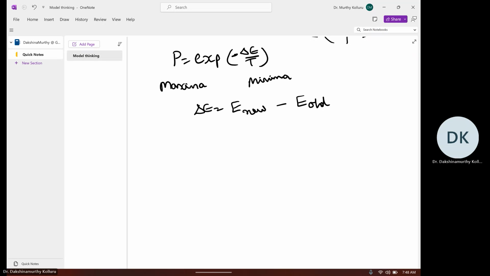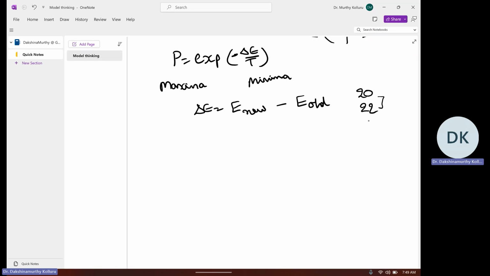When I want maxima, the E here is the objective. Let's say the original solution's objective value was 20, new one is 22. If I'm finding a maxima, this is actually a better solution, so I have to always accept it.